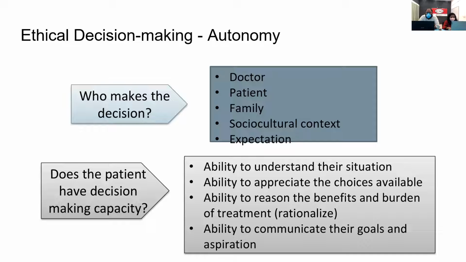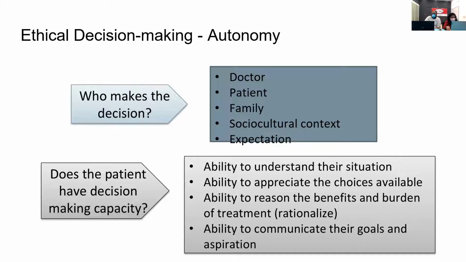One thing that we have to think about before involving the patient is, does the patient have decision-making capacity? Is he able to understand the current situation? Is he able to appreciate the choices that are available? If we are planning to give multiple options for treatment, is the patient able to appreciate each of the choices?